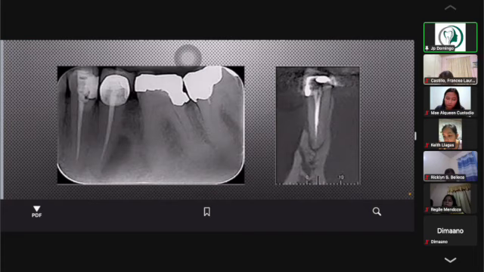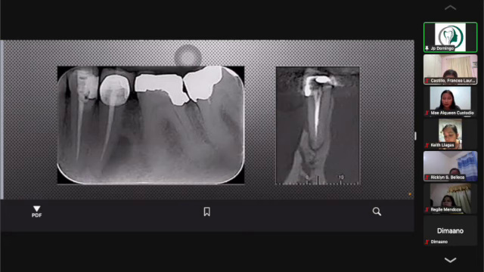When you look at it in the CT scan, on the rightmost picture, you can see the close proximity of the apex to the mental foramen. So this indicates a high risk that the mental foramen could be damaged if you proceed with your surgery. So instead, the tooth was extracted.